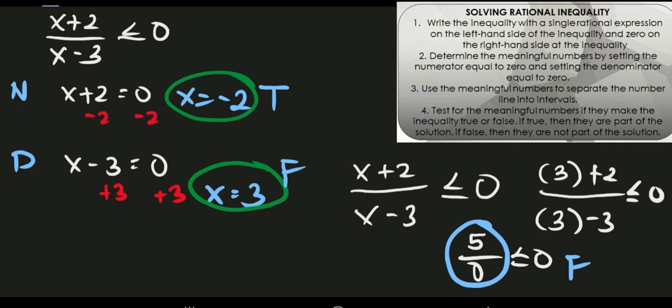Now, let's proceed to step number 3. Use the meaningful numbers to separate the number line into intervals. That means we need to construct a number line and plot those meaningful numbers. Approximately, let's say we have this value for negative 2, and we have this value for positive 3.